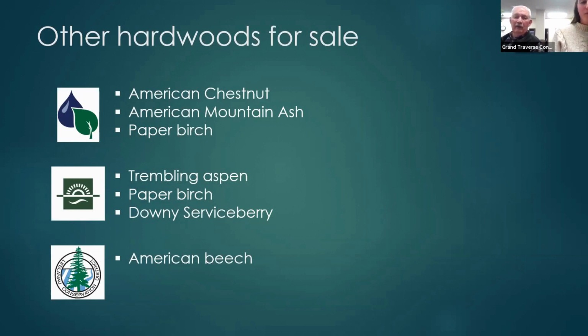The downy serviceberry is almost the same as the other serviceberries. There's some variation in them, but you can hardly tell the difference between them. I will talk more about that when I get to the other one further in the presentation. And the American beech, this tree feeds tremendous amounts of animals.